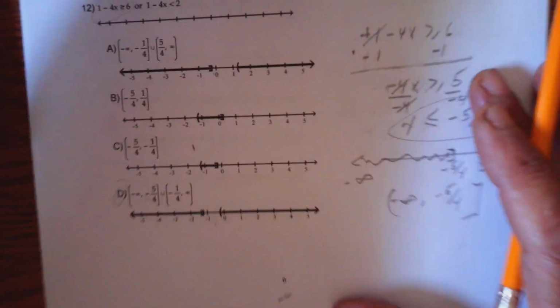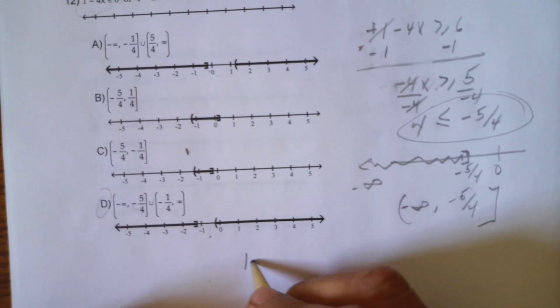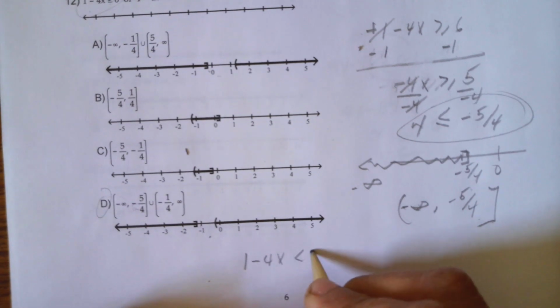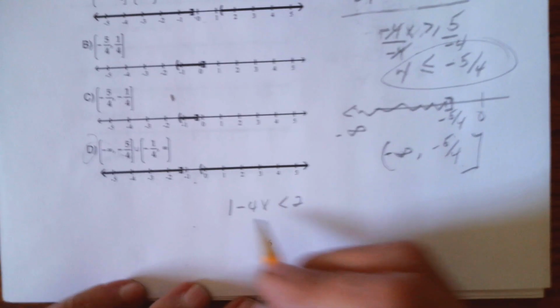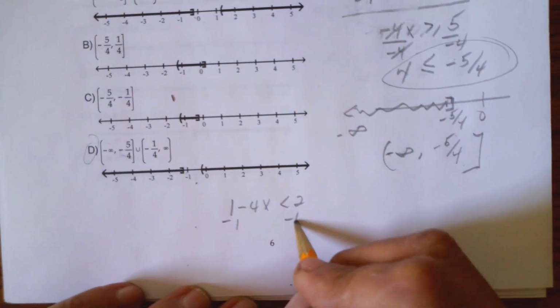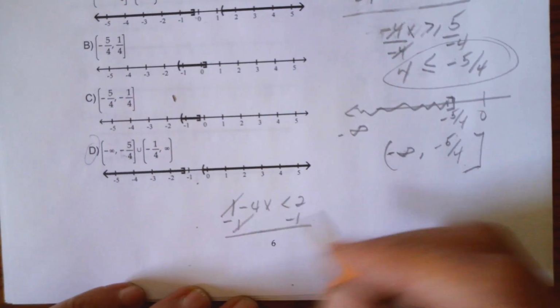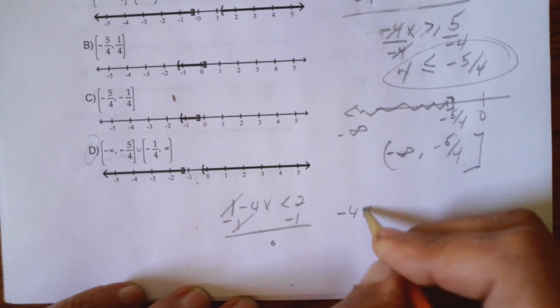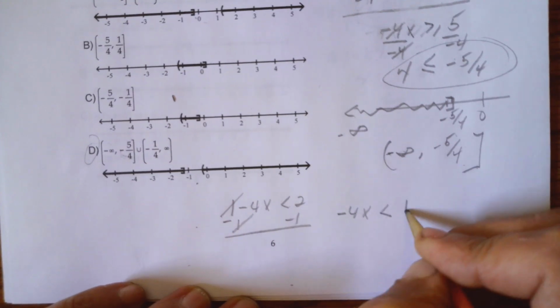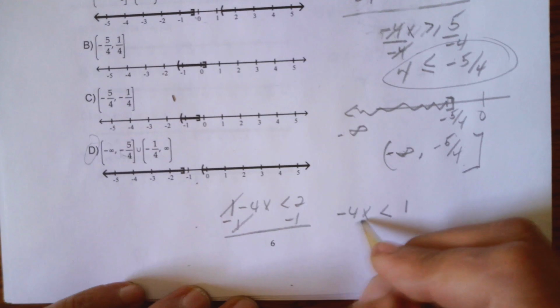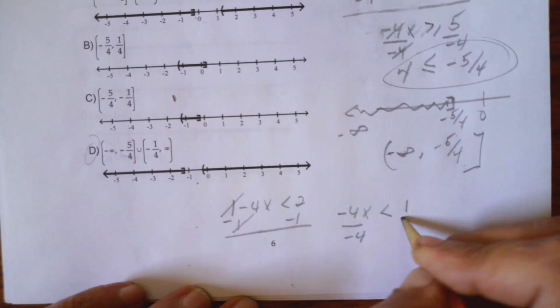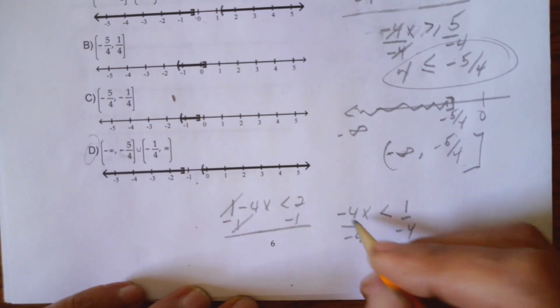But just for argument's sake, let me finish it off. The last part of that is 1 minus 4x less than 2. So subtracting 1, these guys would cancel. I'd have a minus 4x less than 1. I'm going to divide through by a negative here, so I got to reverse my inequality.